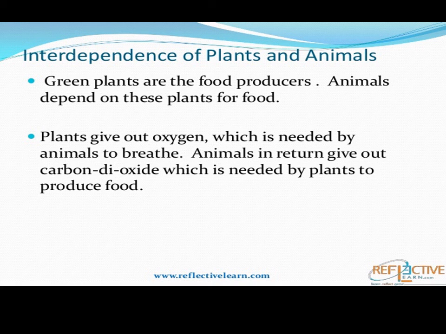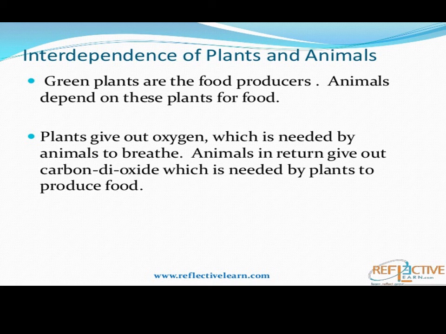So plants are dependent on our carbon dioxide, and we are dependent on plants for food as well as the oxygen which they emit after they perform photosynthesis.